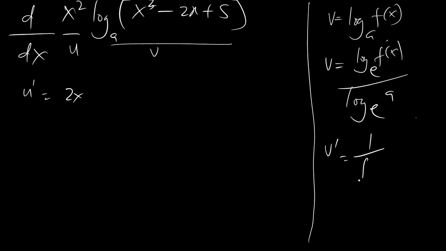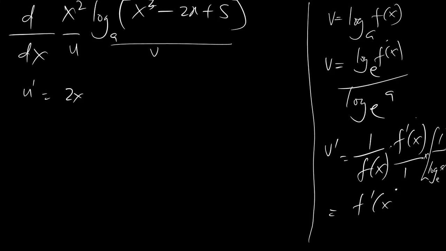You now have 1 all over f of x times the derivative of this f function with respect to x, which is f prime x all over 1 times this constant, which is 1 all over log a base e. Now, if you multiply all this together, you have f prime all over f of x log a base e. So this is v prime.